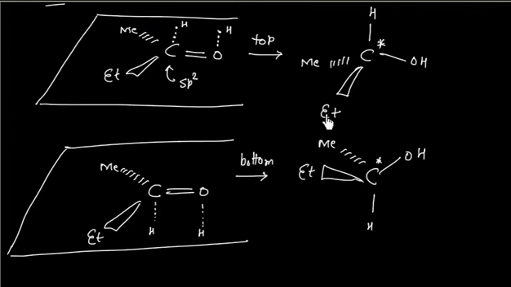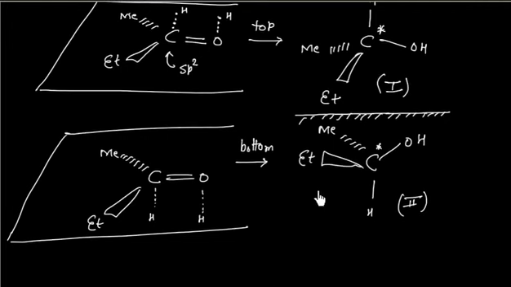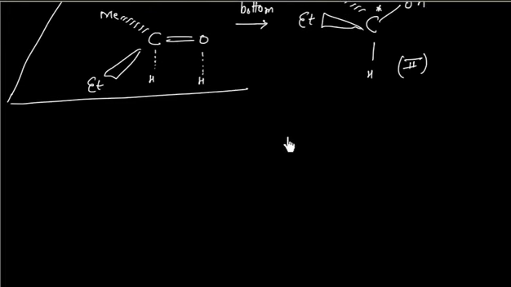If you look clearly, these two compounds are mirror images of each other. So this is 1 and this is 2. So 1 and 2 are mirror images. You can see clearly methyl, ethyl, OH, OH and hydrogen. So 1 and 2 are enantiomers.